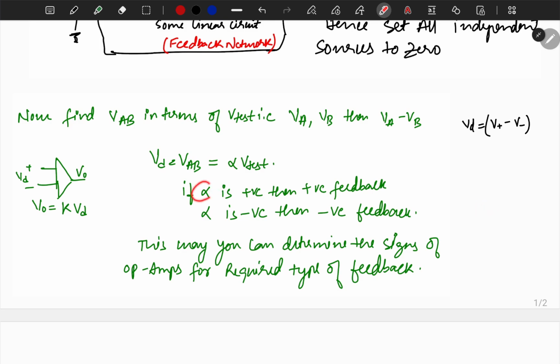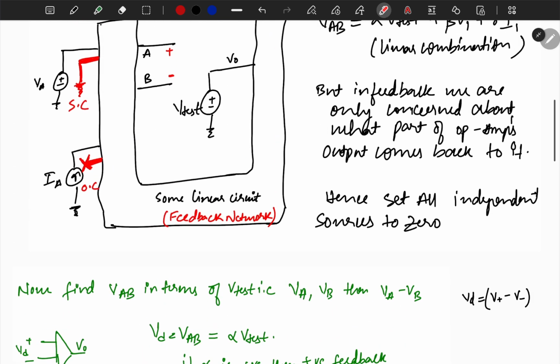So when alpha is positive, what does this signify? When alpha is positive, this means the difference voltage VAB is positive. So when we are trying to increase V test, we apply a positive stimulus at V test. When we are trying to increase it, the part of V test is going and actually increasing VAB.